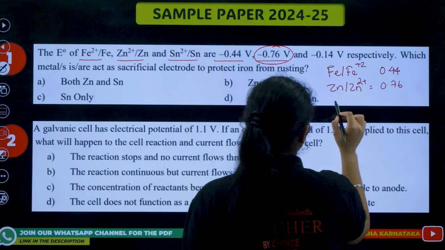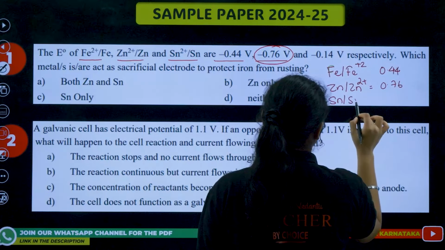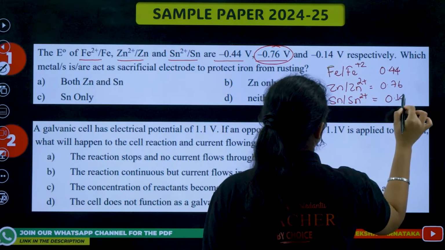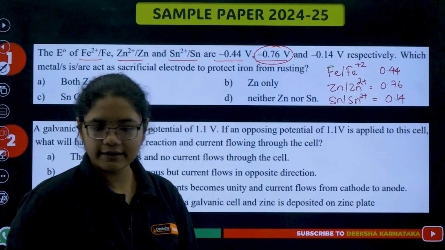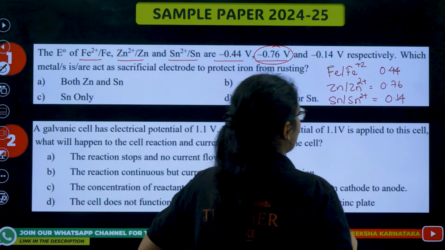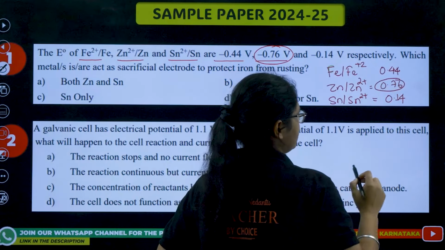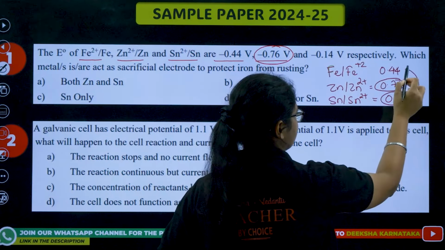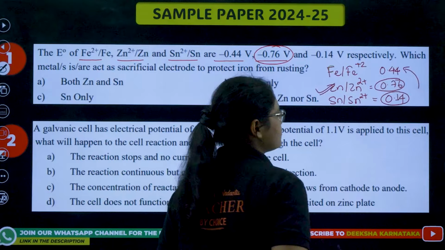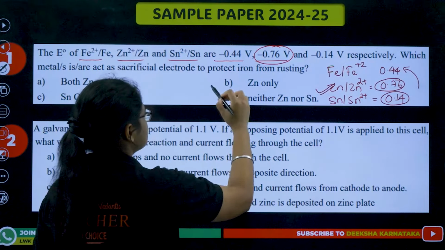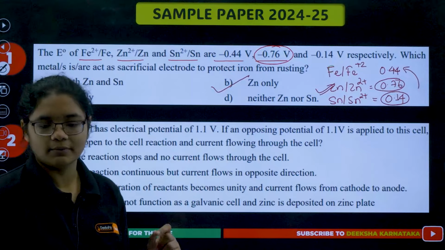For Sn to Sn2+, it is plus 0.14 volt. Clear? The oxidation potential of zinc is more than Fe, whereas Sn is less than Fe. So zinc will undergo oxidation faster than Fe and can protect Fe. That is why the answer is only zinc, option number B.